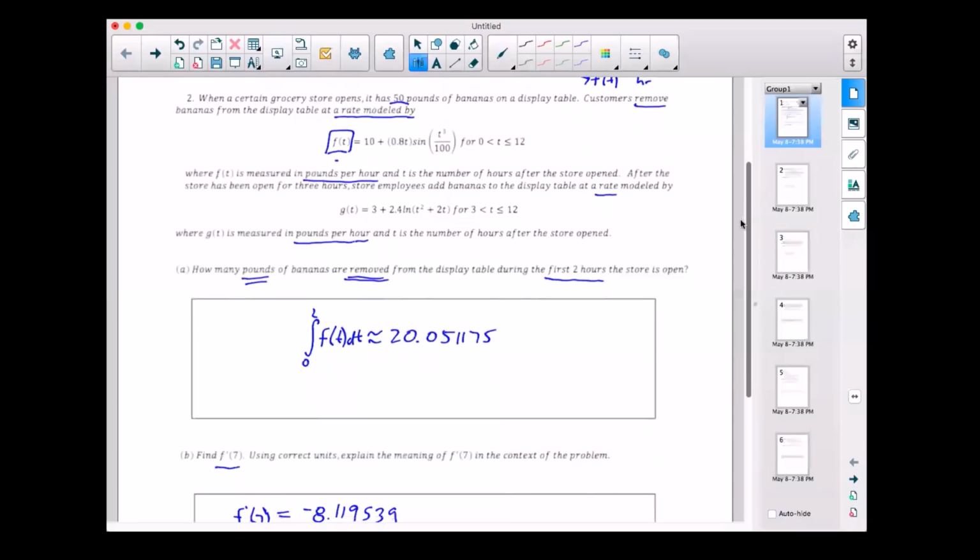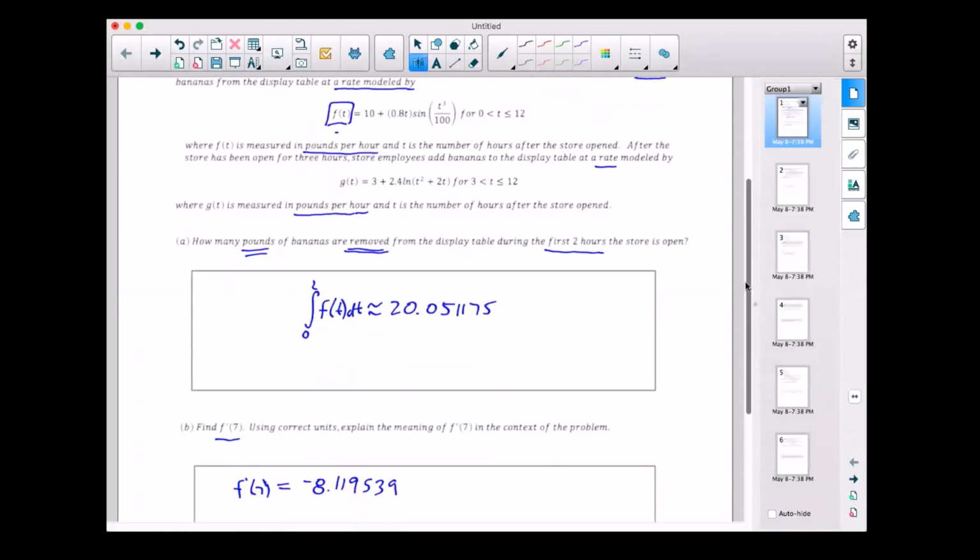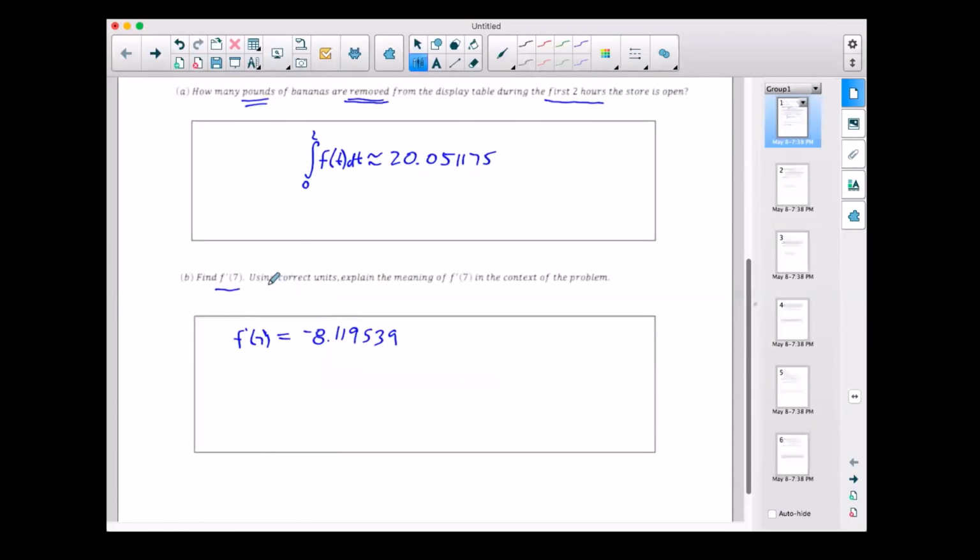And so one of the ways that we can write this, whenever you're trying to find the rate of a rate, is we can say f prime, which is, remember, f itself was the rate. The problem said that f is the rate, so the rate that bananas are being removed.